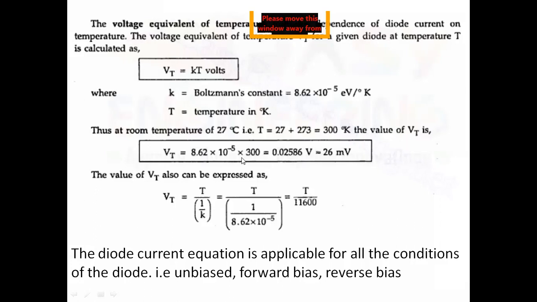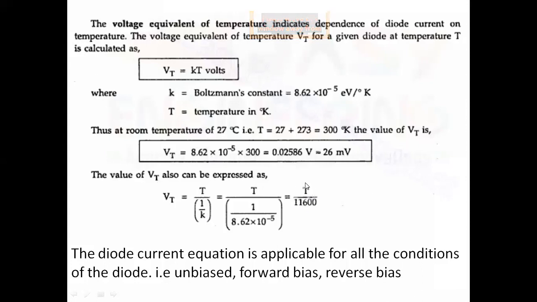Then the Vt value is 8.62 × 10⁻⁵ into 300, which gives Vt corresponding to 26 millivolts. Like this, we can calculate the Vt value for different temperatures, and according to that we can identify the current of the diode. We can also represent Vt as T by 11,600: bringing K to the denominator, we get 1 by K, which is 11,600.